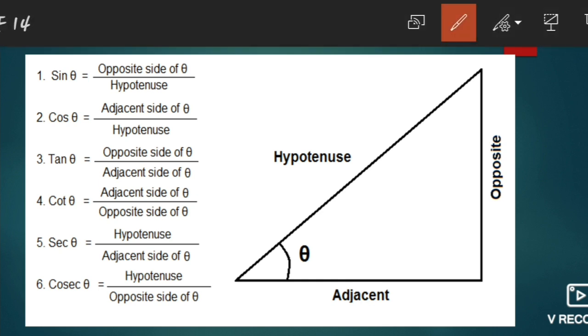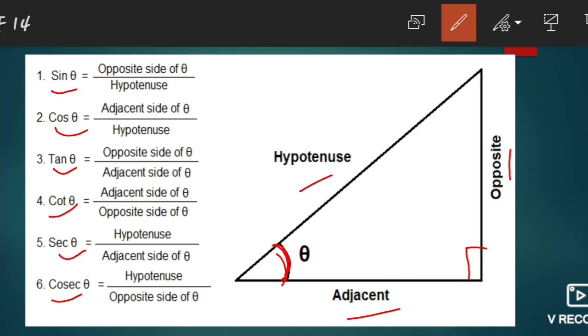Now suppose here in this triangle I am taking the acute angle as theta. As you can see, this is also a right angle triangle, and the acute angle is very important. If this one is the acute angle theta, that means this side is opposite, this is adjacent, this is hypotenuse, right? Previously you took the acute angle as A, that's why you evaluated sin A, cos A, tan A. Now you have taken the acute angle as theta, so the terms are sin theta, cos theta, tan theta, cot theta, sec theta, cosec theta.